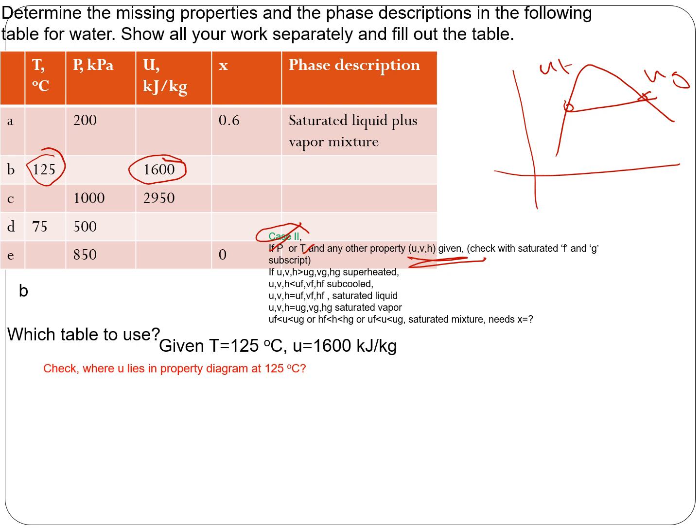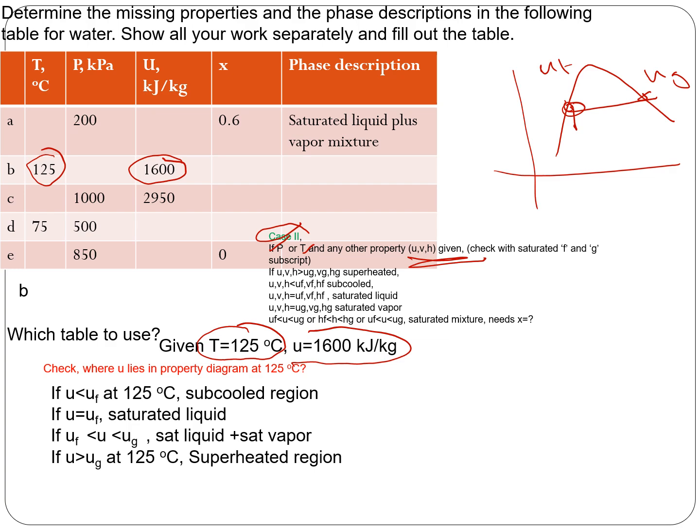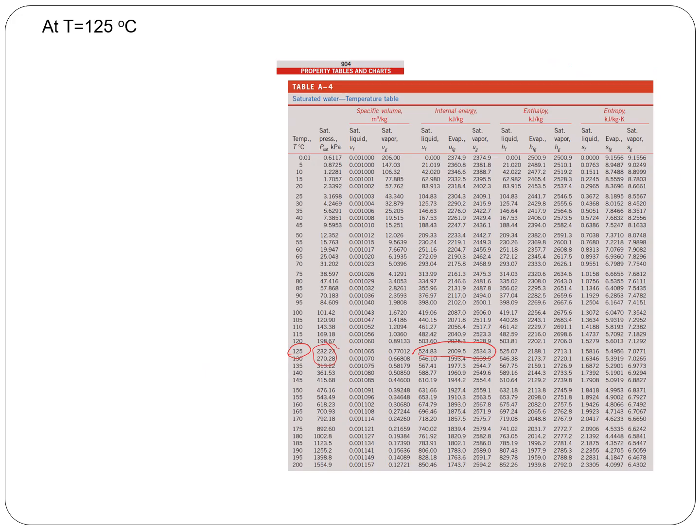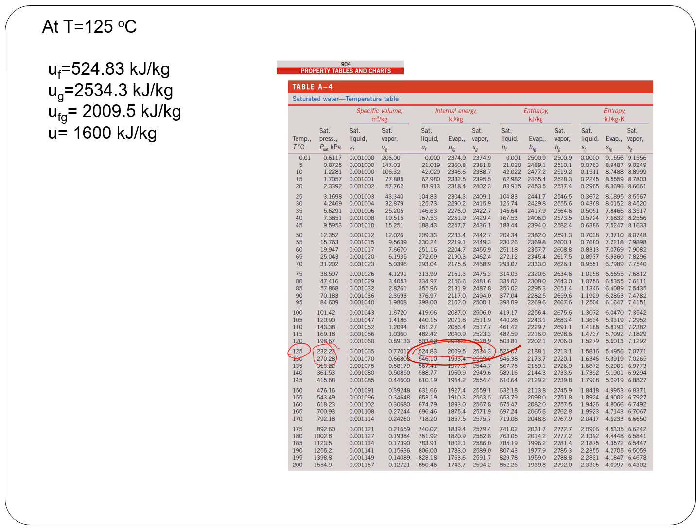So the temperature is given, so you need to look at the temperature table. U is given. At this temperature, find out how much is uf and how much is ug; you can find it from the table. These are the uf and ug values you get from the table at 125 degrees centigrade, and then compare where it lies.